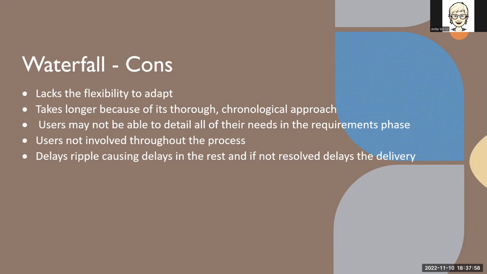And if a customer is unhappy with the product they receive, reverting to the design phase can cost a lot of time and money. Finally, a delay in one phase of the process delays the rest, causing the deadline to creep, where the finish date keeps moving, and it gets delivered a lot later than anticipated.